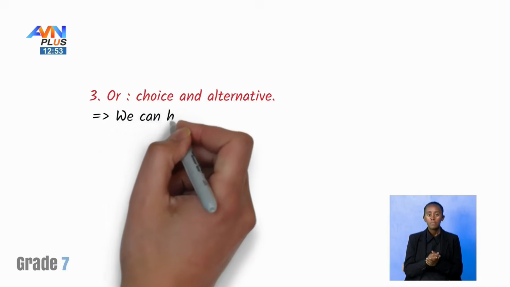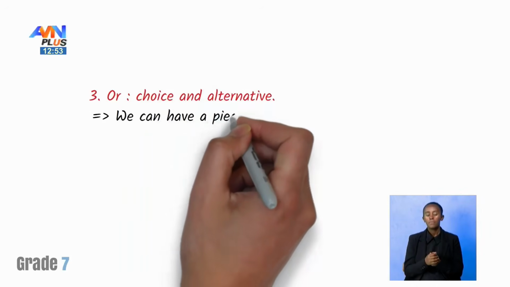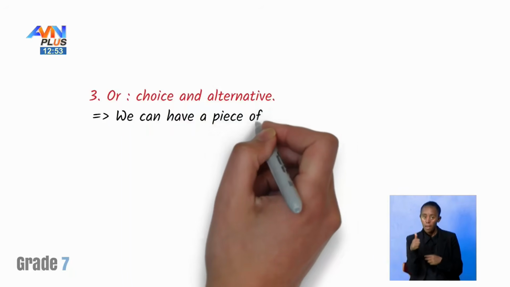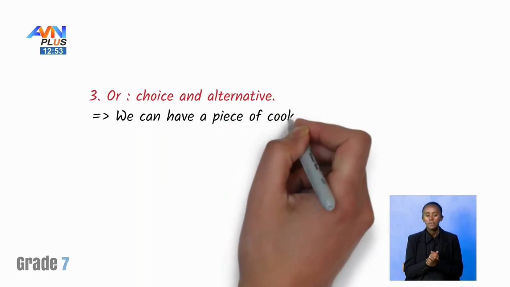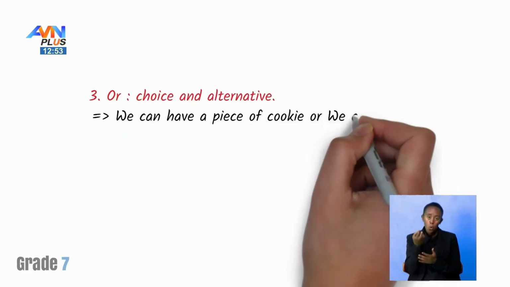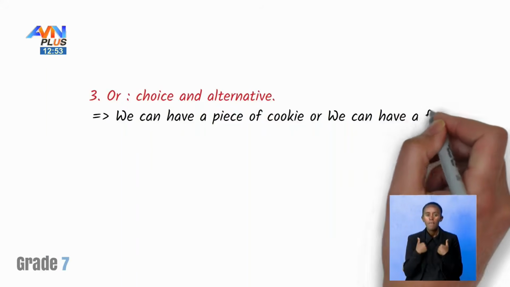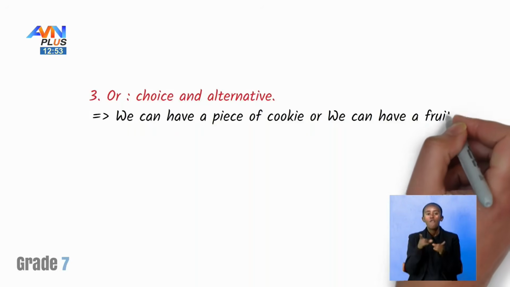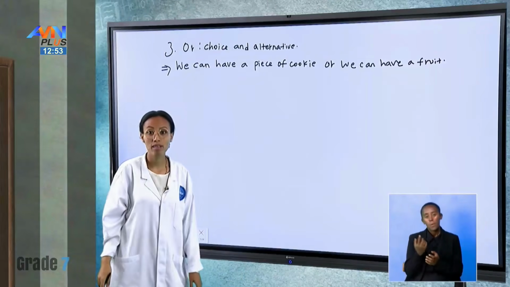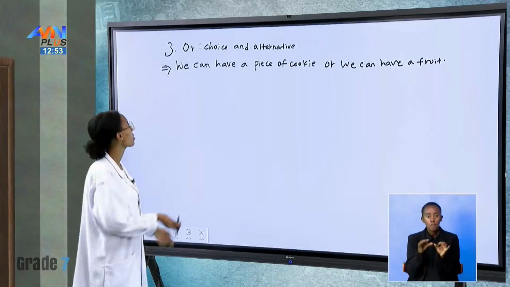We can have a piece of cookie, or we can have a fruit. We can have what? A fruit. So it's a choice.